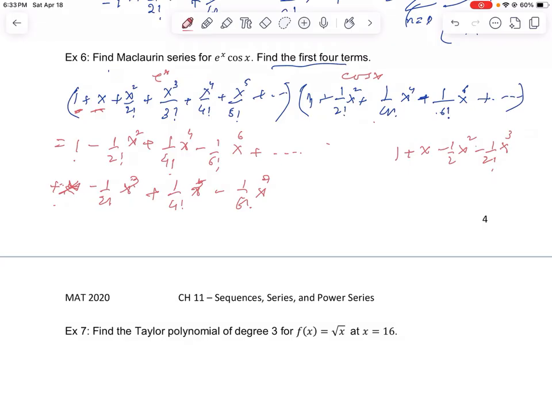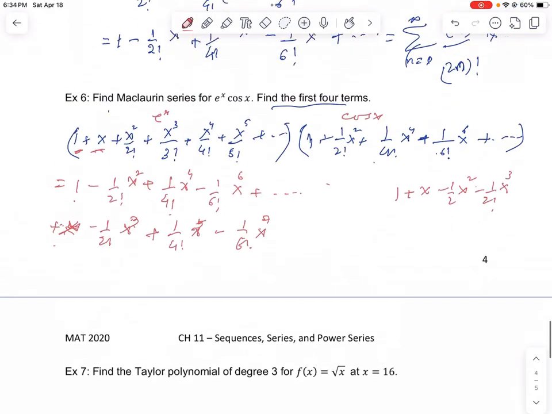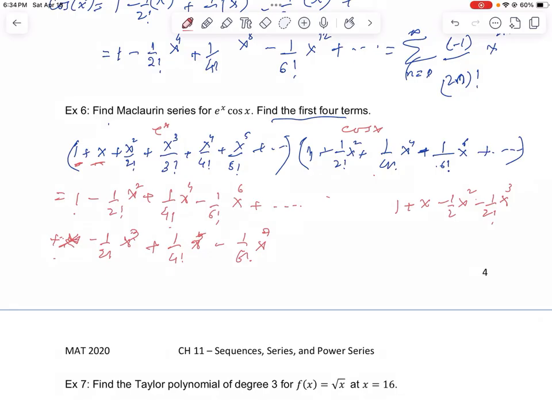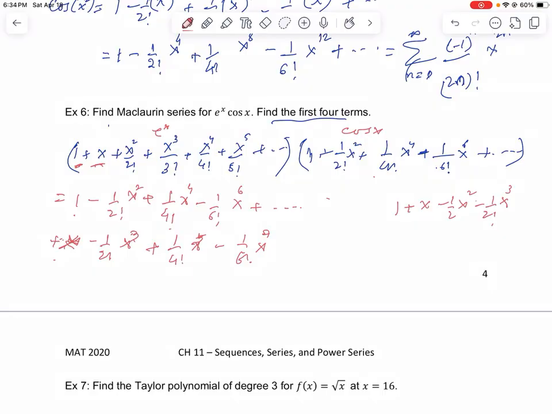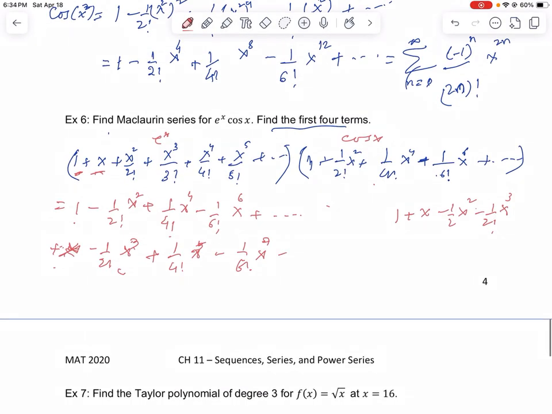Because we have x squared over 2 with which we are going to multiply, and we multiplied only the first one, which gave us 1 over 2 x cubed. So these are the first 4 terms, although we have here going on and on. Now if I take this third term, even if I multiply it with the first number here, 1, that is more than what we need. So the first 4 terms go.